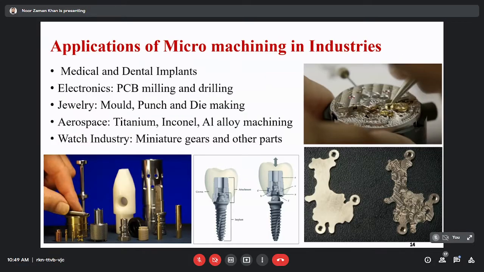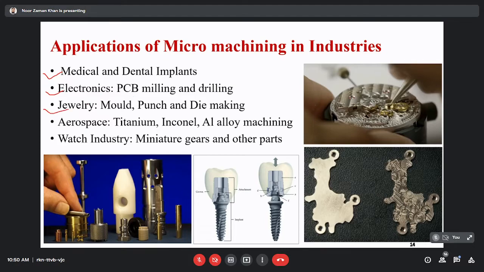Now come to application of micro machining in industries. This is the thrust area, the main topic of this presentation. What are the various applications of micro machining in various industries? The applications are not limited to only these: medical and dental implants, electronics, printed circuit board milling and drilling.